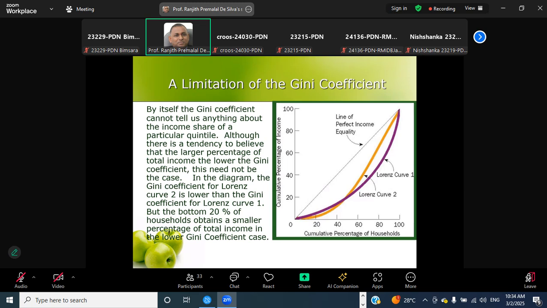If you look at Lorentz curve 1 and 2, you have one curve and a second curve, and maybe the Gini coefficient is more or less equal, but they have two different distributions.